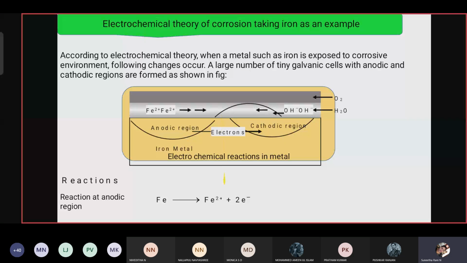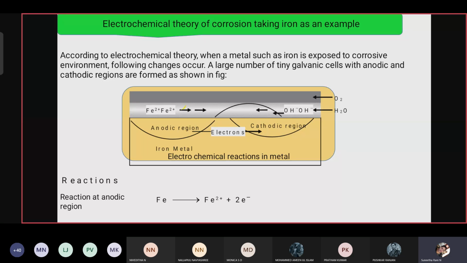Imagine there are two metal pieces. When half the part acts as an anode, the other half acts as a cathode. Always remember that the portion of the metal which acts as the anode will be affected by corrosion, whereas the cathode part is not affected.